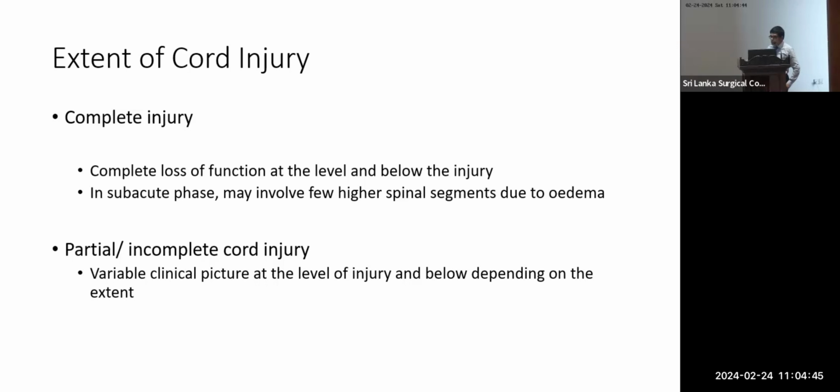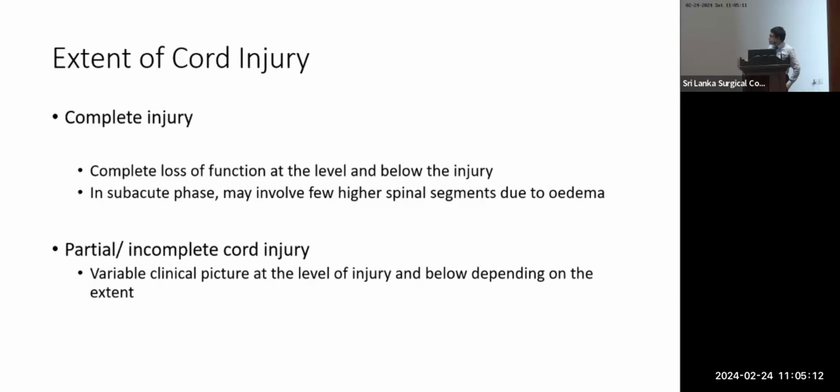For example, someone may present with cord contusion at the level of D6, or the 6th thoracic vertebra, but in the subacute phase, the edema may extend up to the 3rd or 4th thoracic vertebra. And when you do the clinical assessment, the clinical deficit may be at the level of the 3rd or 4th thoracic vertebra. Right?